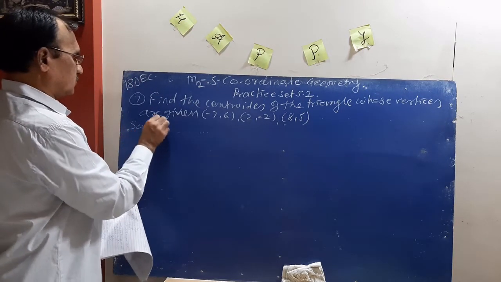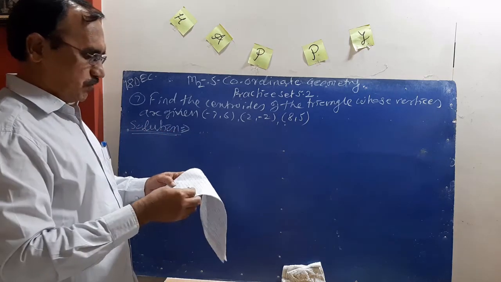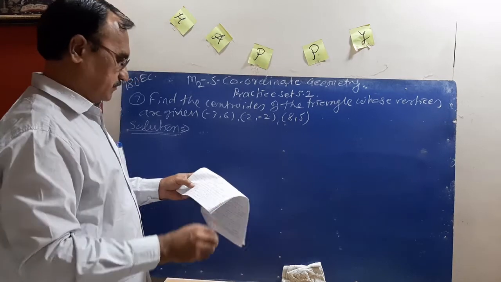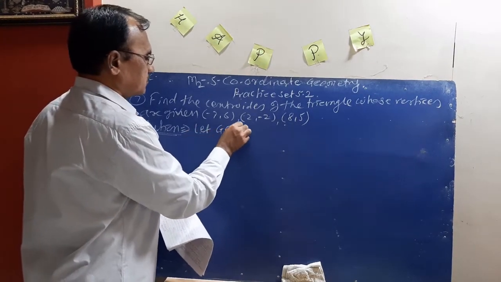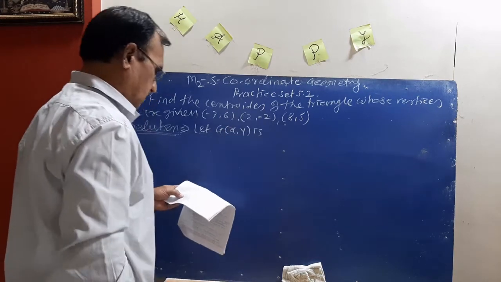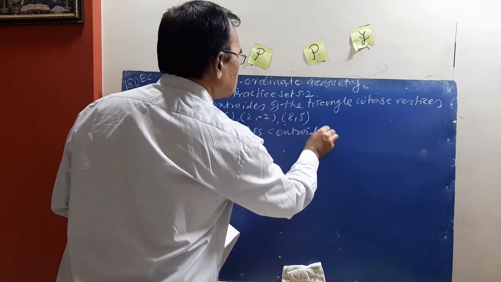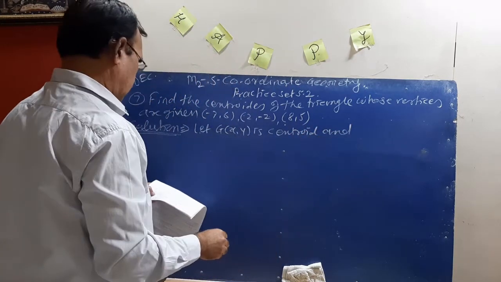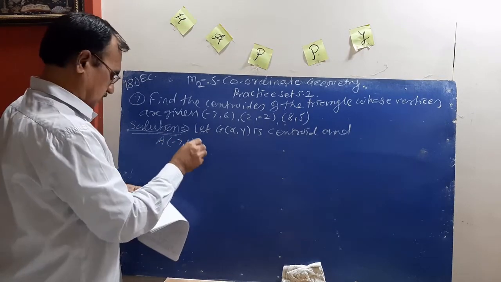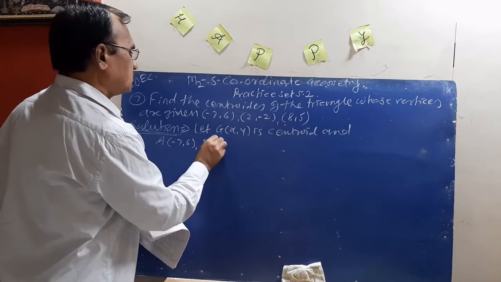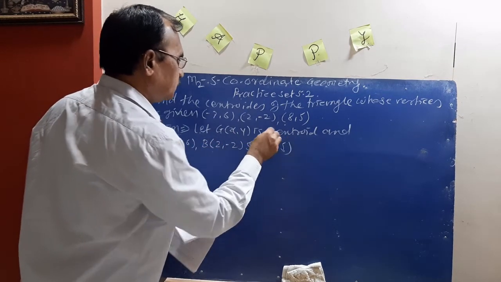Solution. Here also the name of the point is not given. Let G(x, y) be the centroid. A is (-7, 6), B is (2, -2) and C is (8, 5).